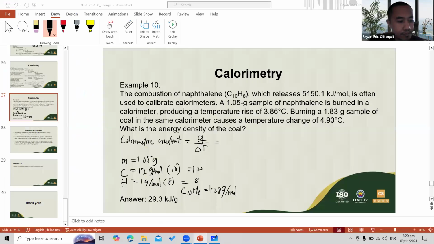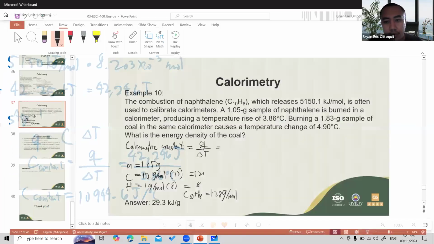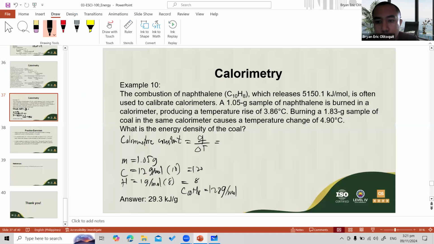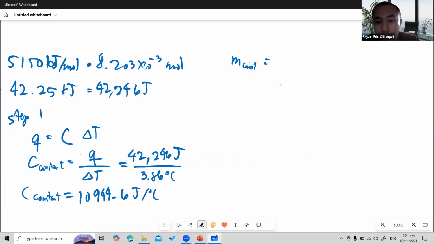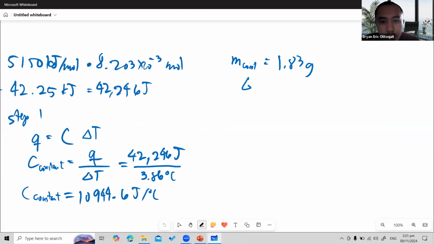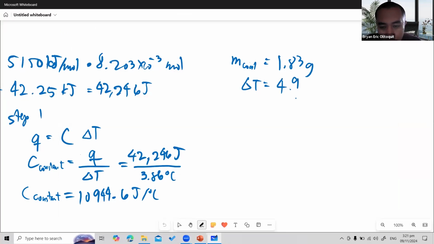Let's go back. So, another given is the mass of coal, which is 1.83 grams, and there is a change in temperature equivalent to 4.9 degrees Celsius.